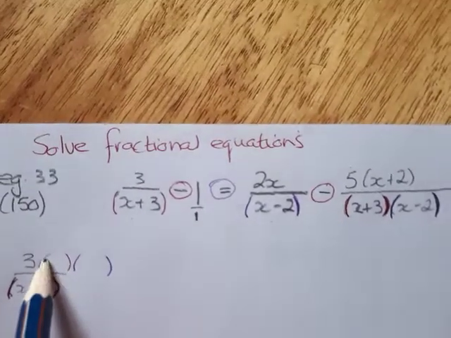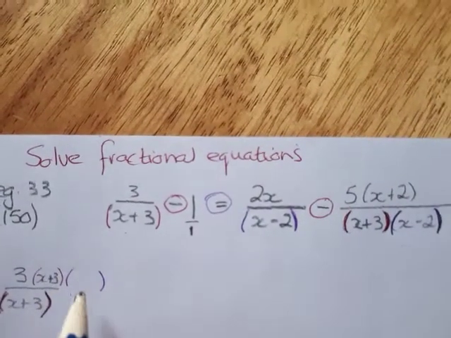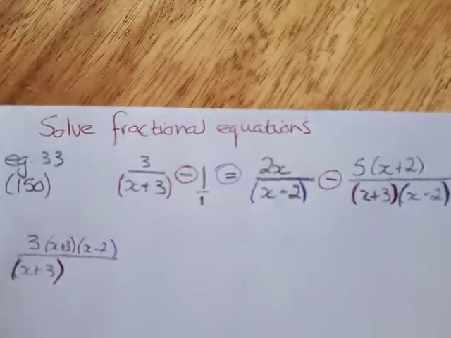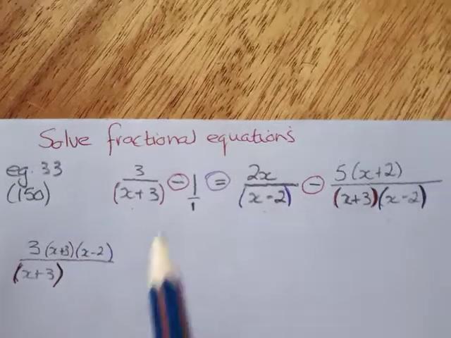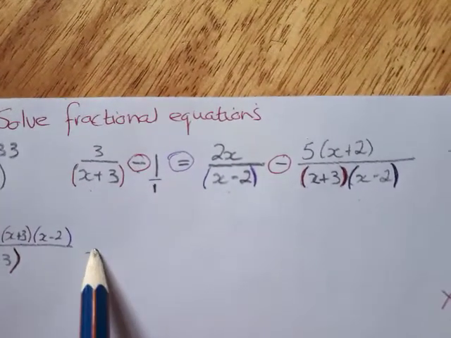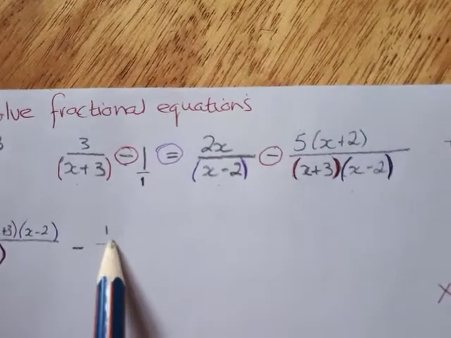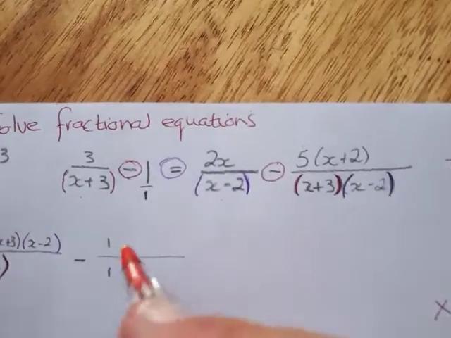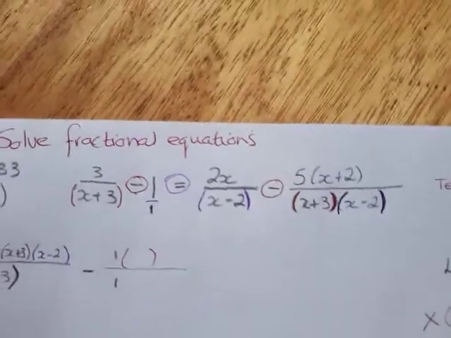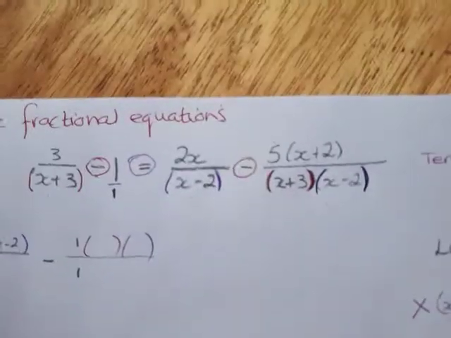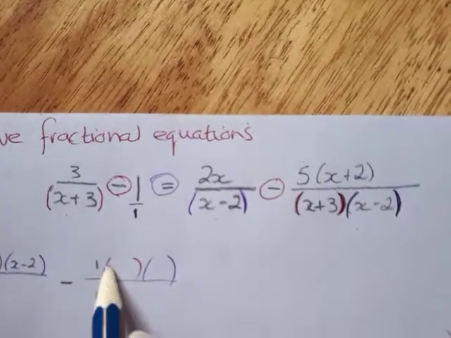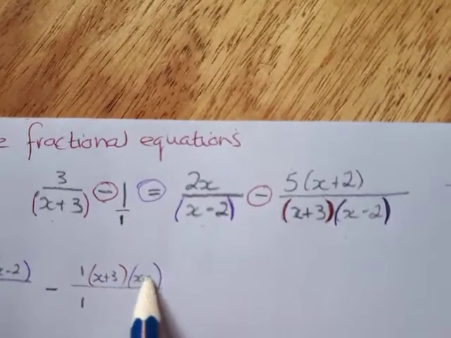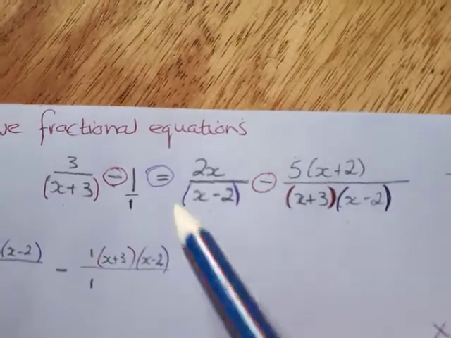Okay, the red bracket is x plus 3 and the purple bracket is x minus 2, and just lengthen your line. Then we get to the second term. Then we have minus 1 over 1, and we will multiply that by the red bracket and by the purple bracket. And again, the red is x plus 3 and the purple is x minus 2.